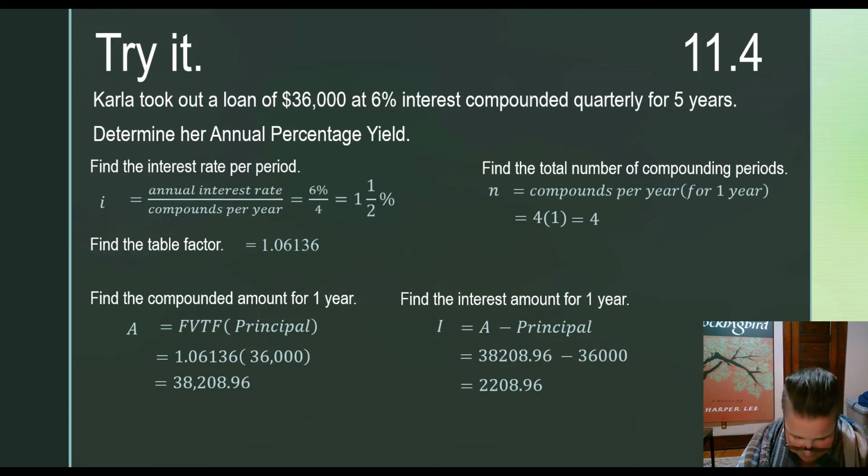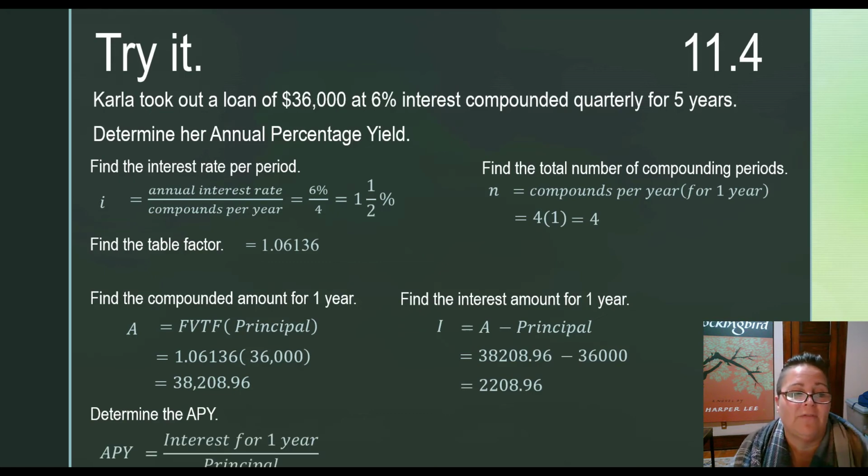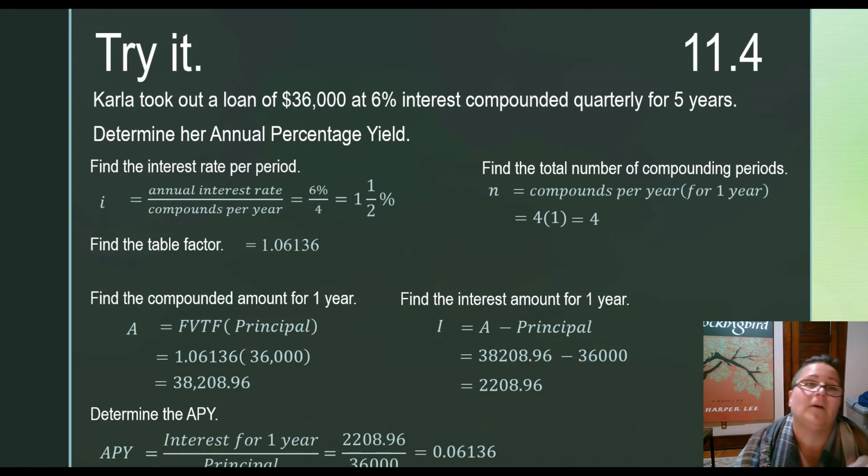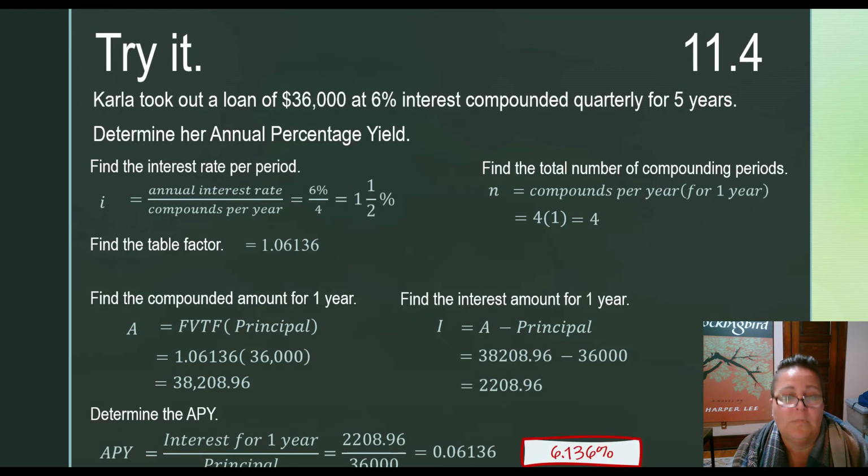I can finally determine the APY by taking the interest from that first year, the $2,208.96, and dividing it by the principal of $36,000. This gets me 0.06136, or 6.136% as the APY. Notice again, the APY is slightly higher than the stated interest rate of 6%.